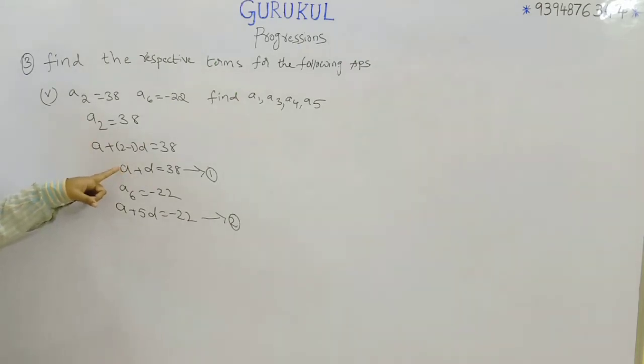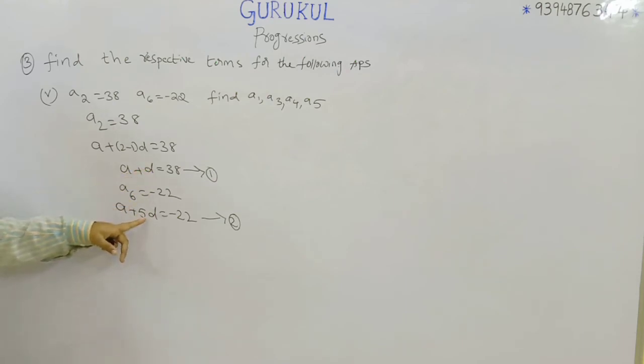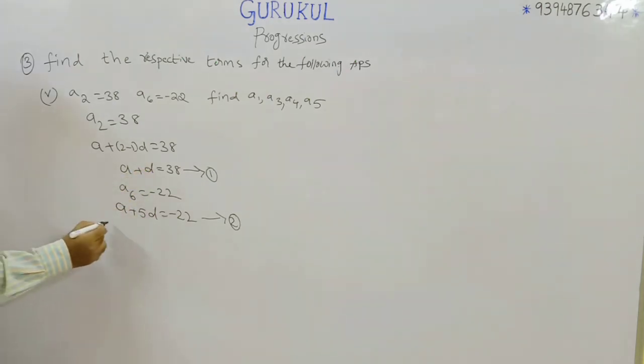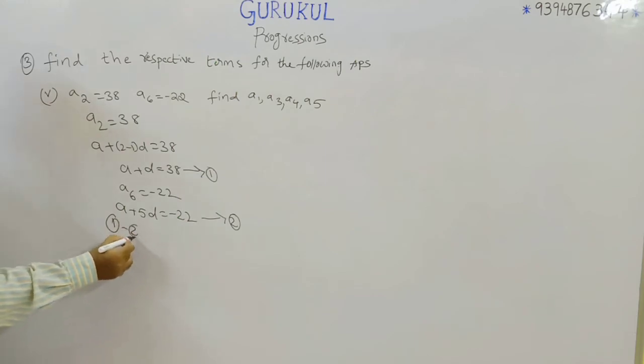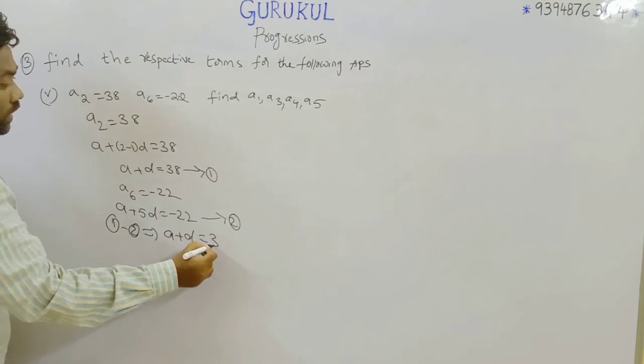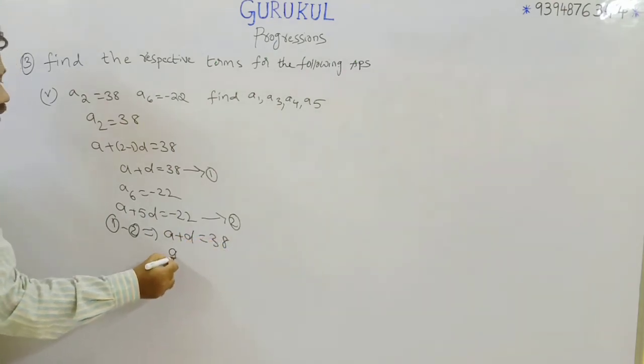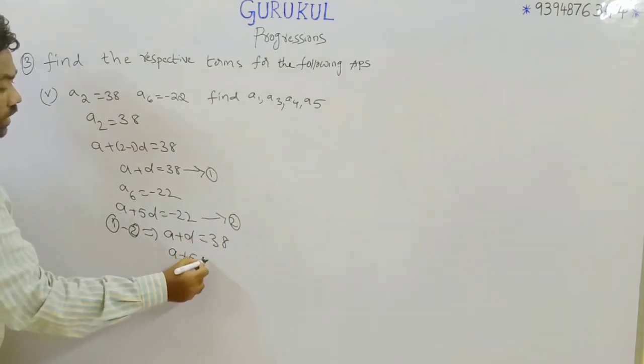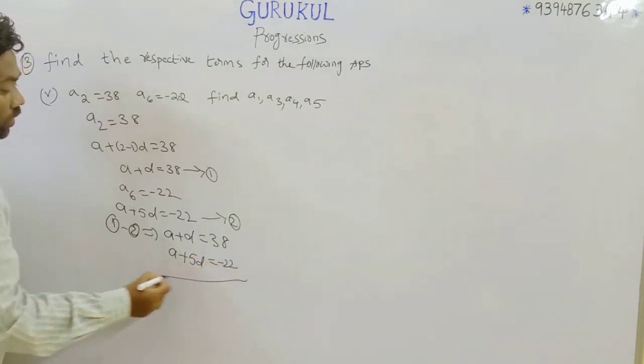So this is a, this is a. Subtract, a minus a cancel, coming the d value. So 1 minus 2 implies a plus d equal to 38, a plus 5d equal to minus 22.